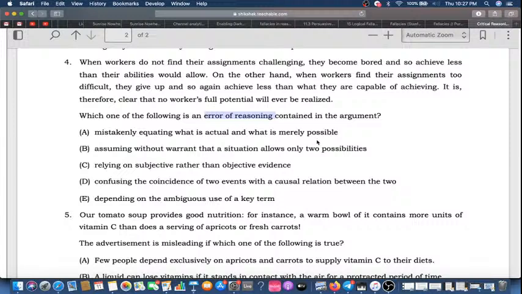Mukul says option D, and I'm going to highlight that and ask you again. That means I'm asking a specific person. Confusing the coincidence of two events with causal relation between the two. What are the two events and what is the confusion? Can you elaborate?